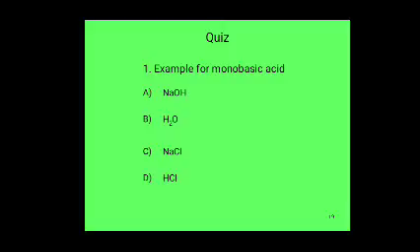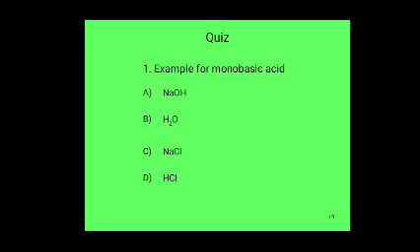Acids are monobasic, dibasic or tribasic. Monobasic means an acid which, on dissociation, produces only one H+ ion.